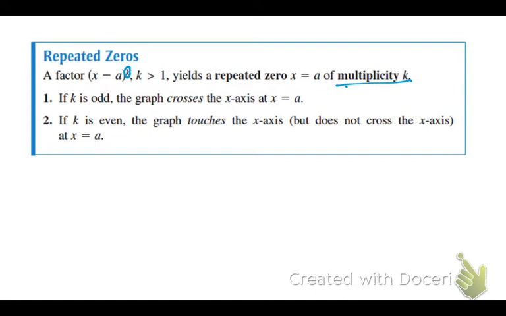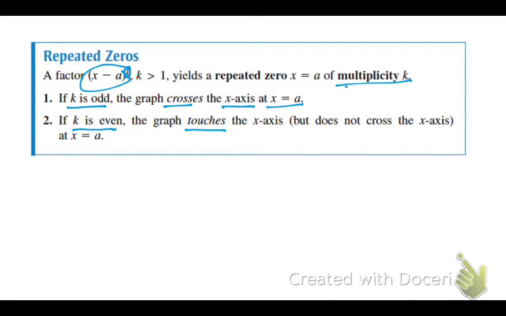If k is odd, it crosses the x-axis at x equals a, because you set this equal to 0. But if k is even, the graph touches. Remember me bouncing off the door last year?